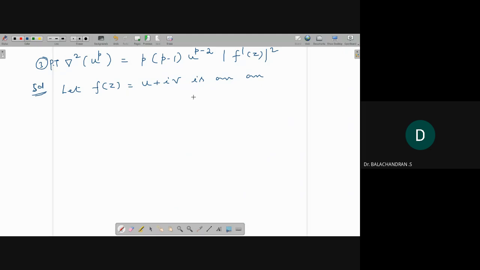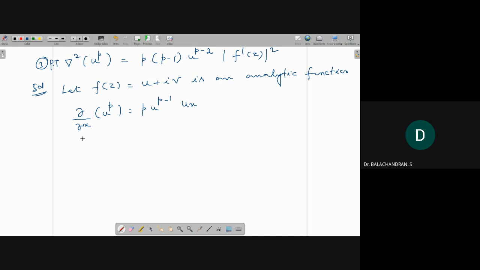So let f of z equal to u plus iv be an analytic function. So now, okay. So here I have u power p. First I will find dou by dou x of u power p. That is p into u power p minus 1 into u x.